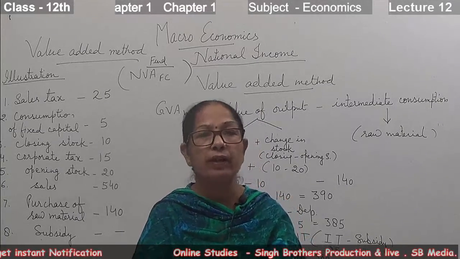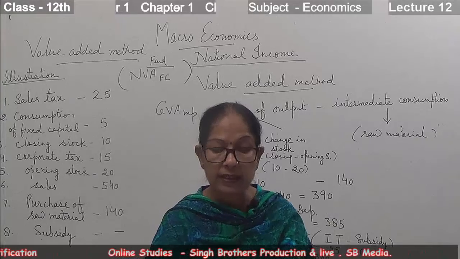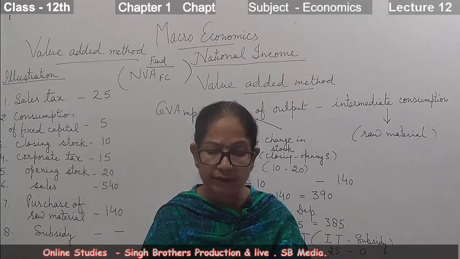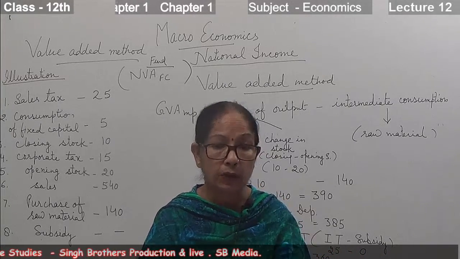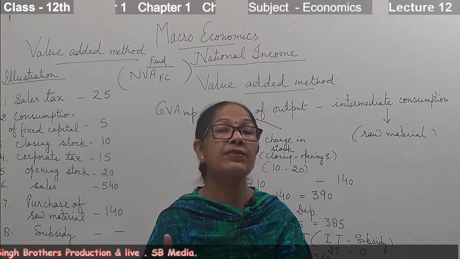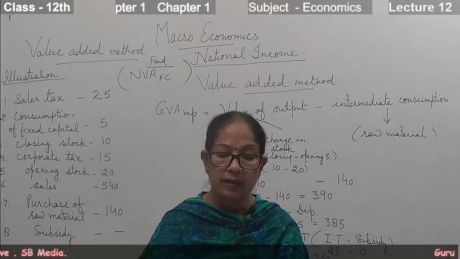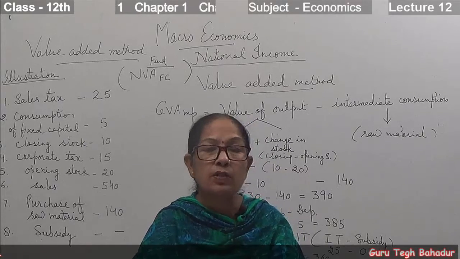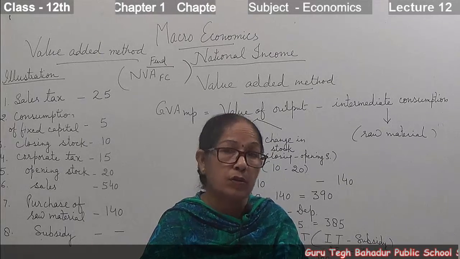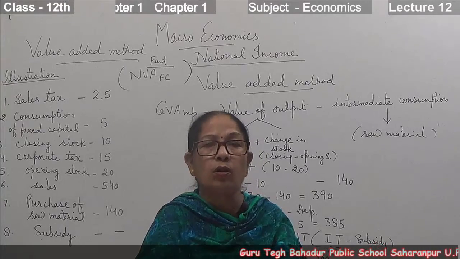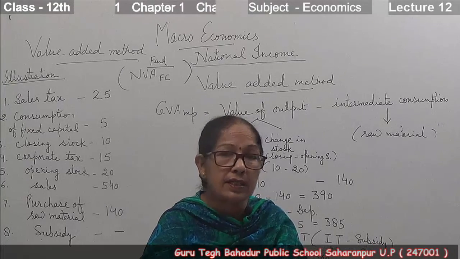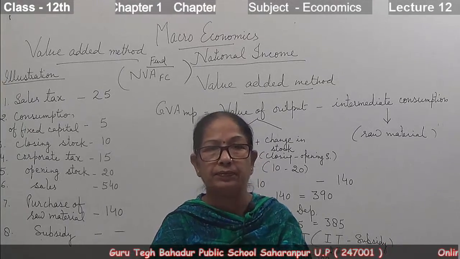Next, imputed rent of owner occupied dwellings and value of production for self consumption are included, but value of self consumed services are not included. Self consumed services होती हैं just like a housewife, she is rendering service to all the family members, her service is not counted.